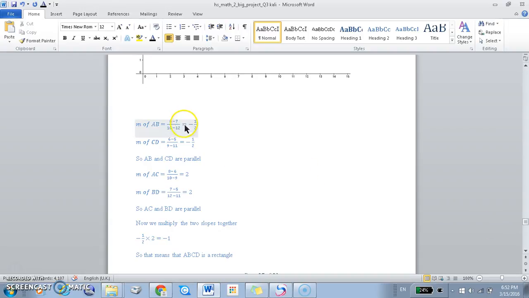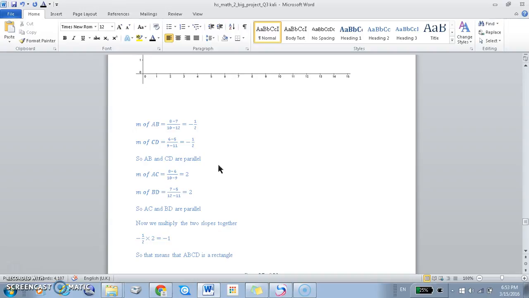So the slope of AB is 8 minus 7 over 10 minus 12, and it'll be -1 over 2. Slope of CD is 6 minus 5 over 9 minus 11, which is also -1 over 2, so AB and CD are parallel. The slope of AC is 8 minus 6 over 10 minus 9, which is 2, and the slope of BD is 7 minus 5 over 12 minus 11, which is also 2.